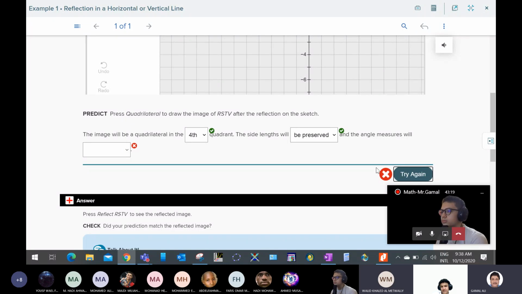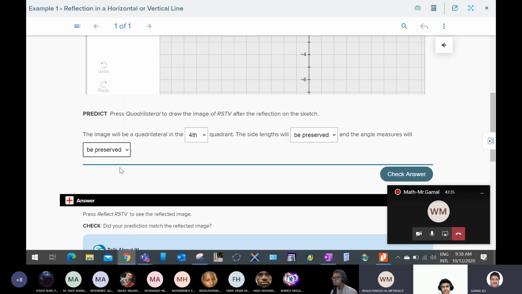Sorry, I forgot this one. And the angle measure will change? Are you sure? I am talking about the measure of the angles of the figure. Oh, no, it won't.